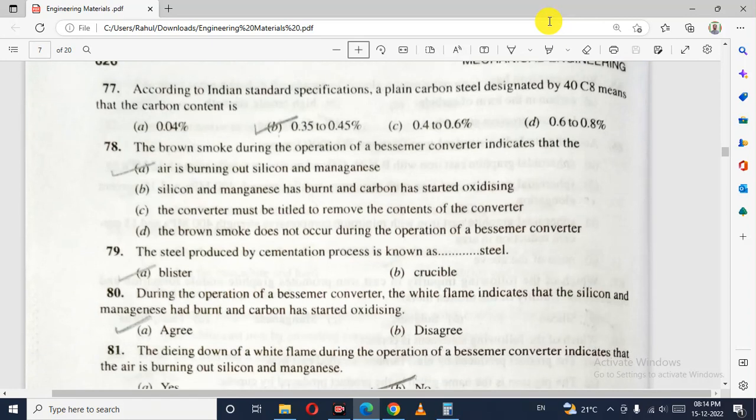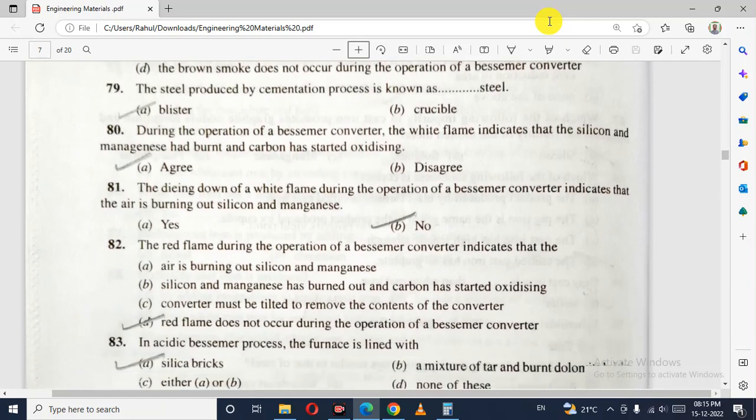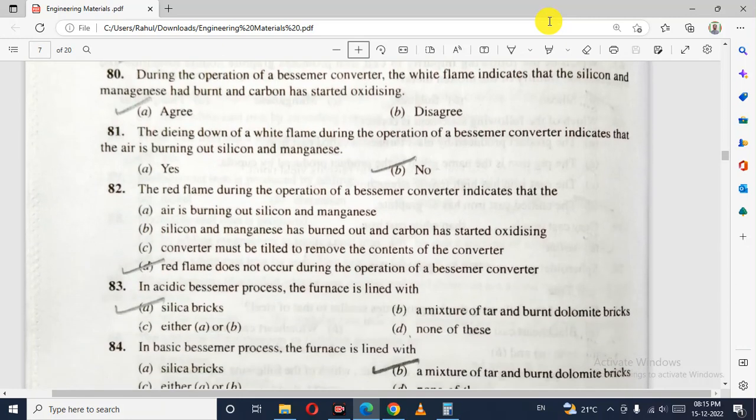During the operation of the Bessemer converter, a white flame indicates that the silicon and manganese have burned and carbon has started oxidizing. The red flame does not occur during the operation of the Bessemer converter. In the acidic Bessemer process, the furnace is lined with silica bricks.